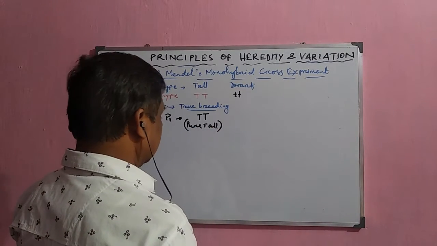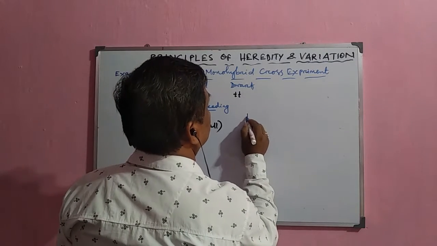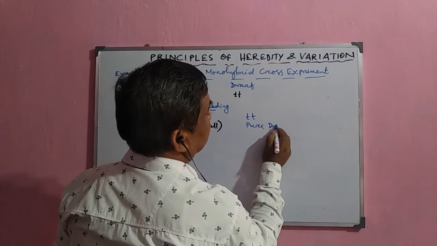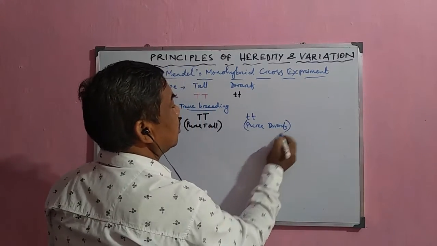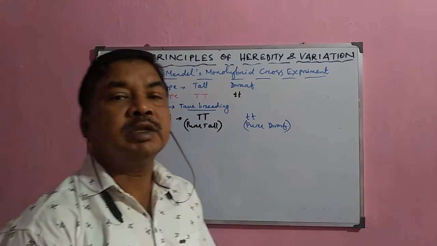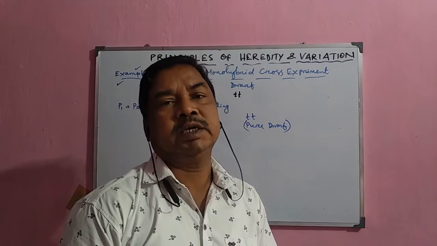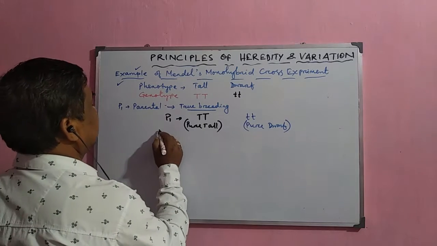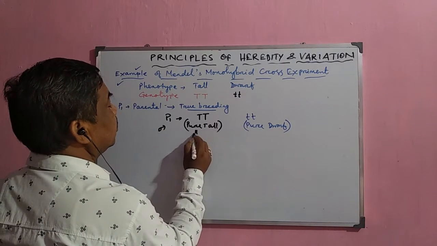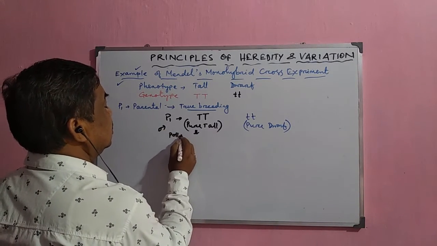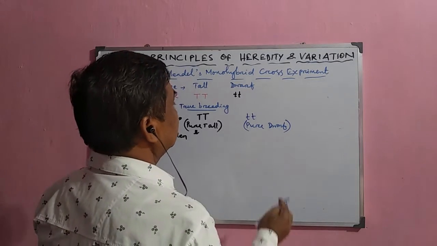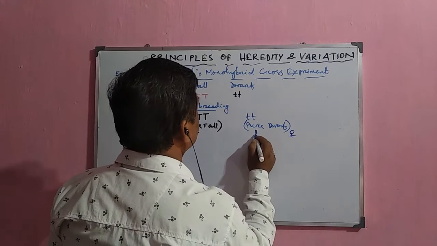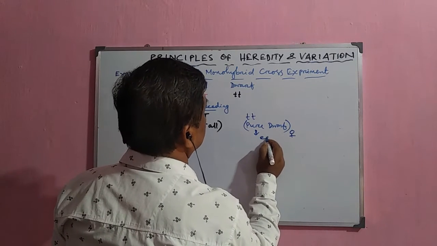The other, with small t, is the pure dwarf variety. So pure tall and pure dwarf varieties were taken as the parental generation. Now, when this is the male plant, we are taking the pollen grain from here, and if it is the female plant or female flower, then we are taking the egg cell.